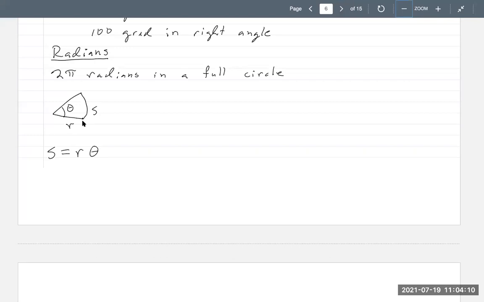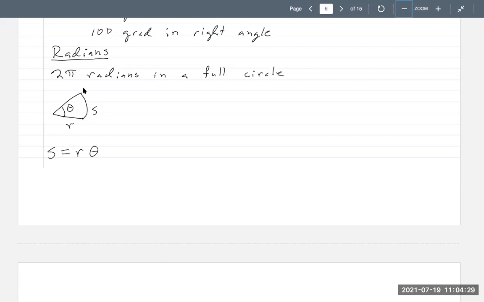There's an easy relationship between the angle written in radians, the radius of your circle, and the length of your arc for this sector.